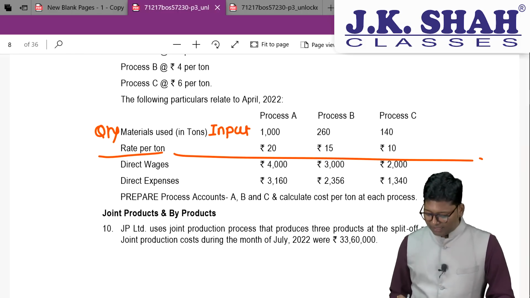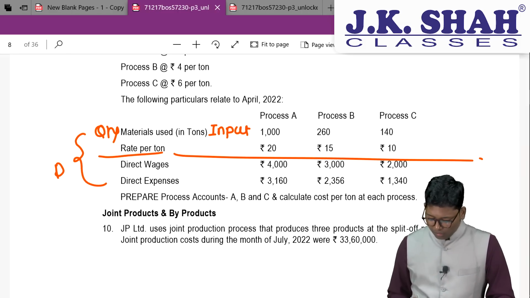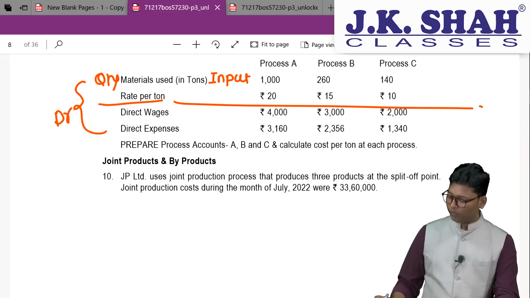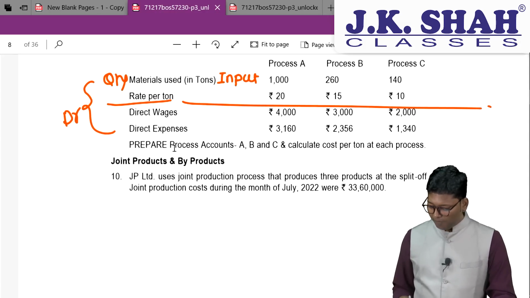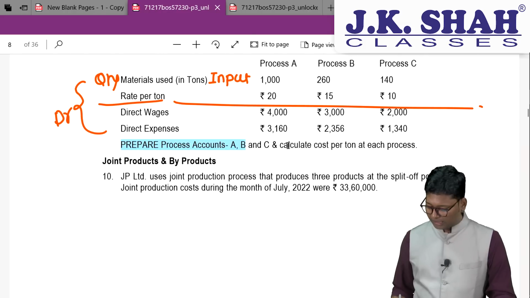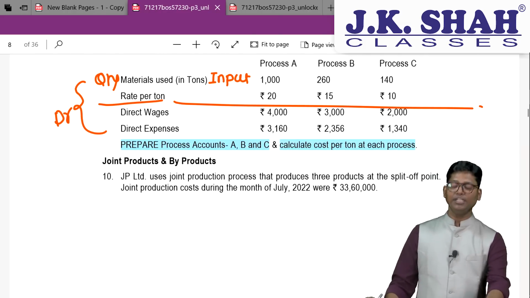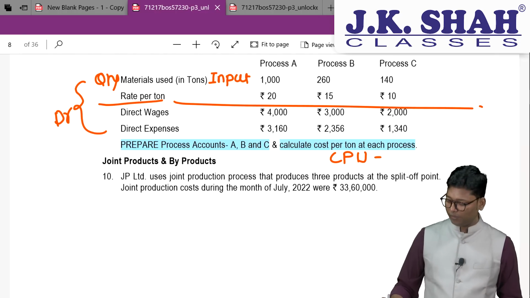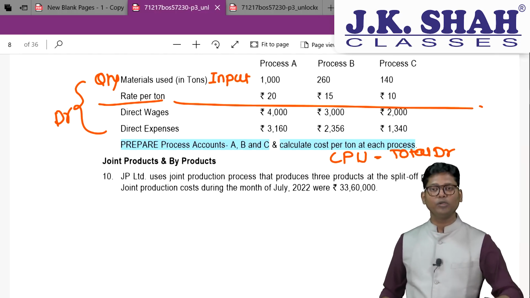Direct wages are given, direct expenses are also given. These are all the expense related information to be recorded on the debit side of the process account. The question simply says prepare process account A, process account B, process account C and calculate cost per ton at each process. Now for calculation of cost per ton, that is cost per unit, the formula which we use is the total of the debit side of the process account.